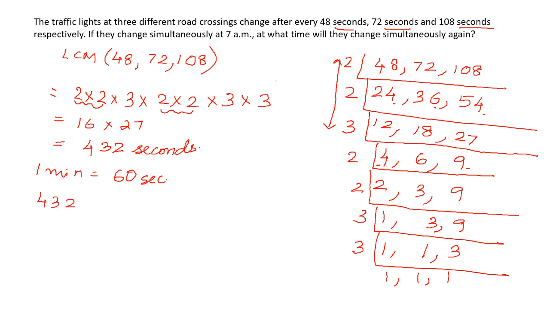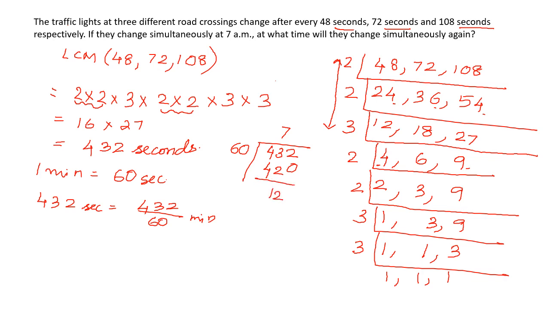So 432 seconds will be equal to 432 by 60 minutes. So when you divide 432 by 60, I am doing it by long division. Then what do I get? 7 times 60 is 420, the remainder is 12.